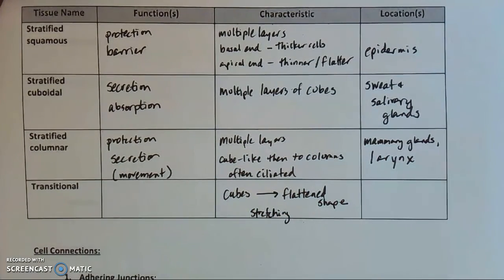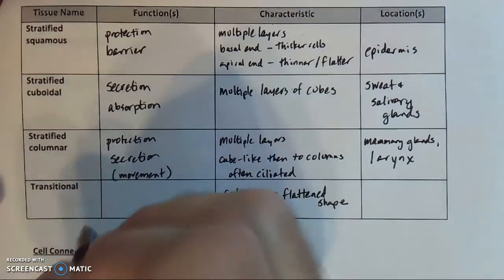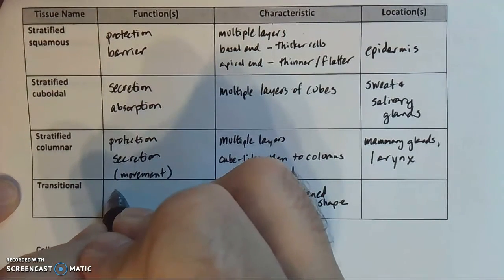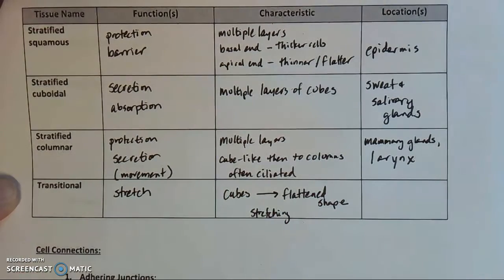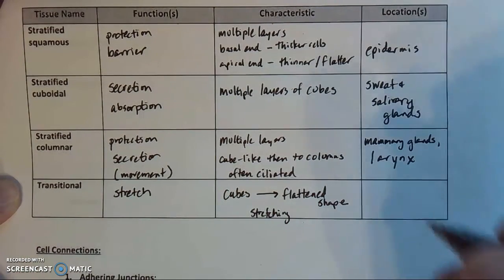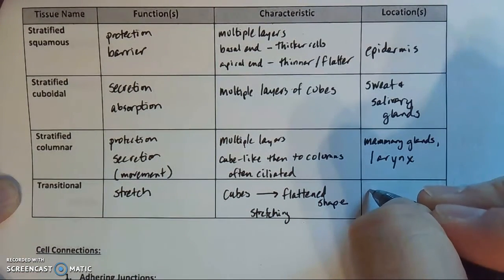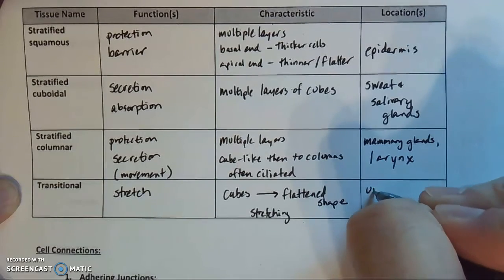If we thought of this like a balloon, as stuff fills in it, it ends up stretching and it changes the shape of the cell because it's being stretched. They are attached to other cells, so we end up stretching. So their function basically is to stretch. That's what they do. And the best example here is the urinary bladder.